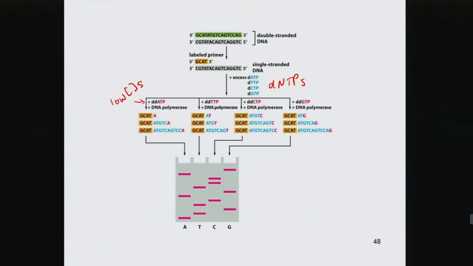So then you add in your polymerase, you got your primer, you got your template, replication starts happening. Because these are in excess, you may start synthesizing a very long chain, and then all of a sudden, one of these dideoxynucleotides gets incorporated, and synthesis stops. Polymerase starts again. You get incorporation of your regular nucleotides, and again, maybe a shorter fragment occurs because the dideoxynucleotide gets incorporated sooner.